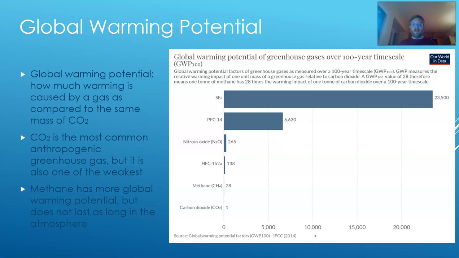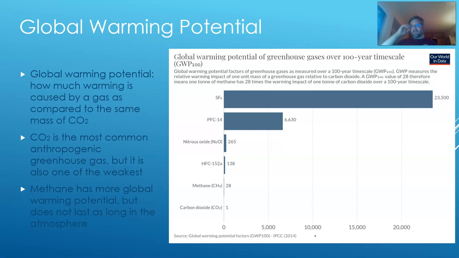So you'll see on the chart there, methane has a global warming potential of 28. So that means a kilogram of methane is going to cause 28 times as much warming as a kilogram of carbon dioxide, right? Methane on a gram for gram basis is 28 times more powerful than carbon dioxide. And generally speaking, carbon dioxide is actually one of our weakest greenhouse gases in terms of global warming potential.